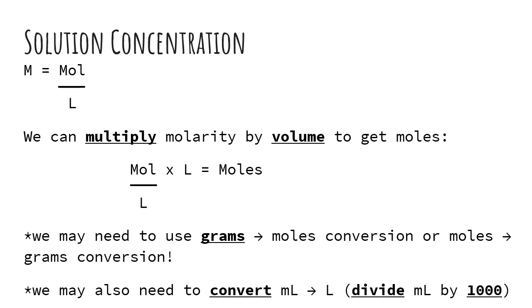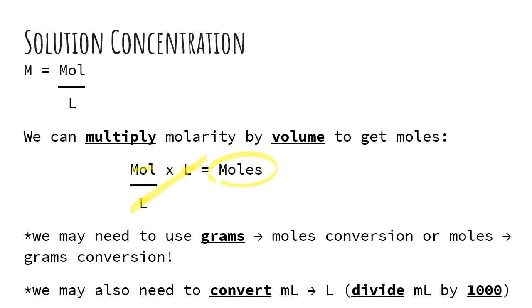Anytime we have molarity, we can think of it like another mole conversion. Because if we multiply molarity, which again is moles over liters, by the volume in liters, that cancels out and we're left with moles. So if we need grams, we can convert moles to grams, or we can go grams to moles if needed.